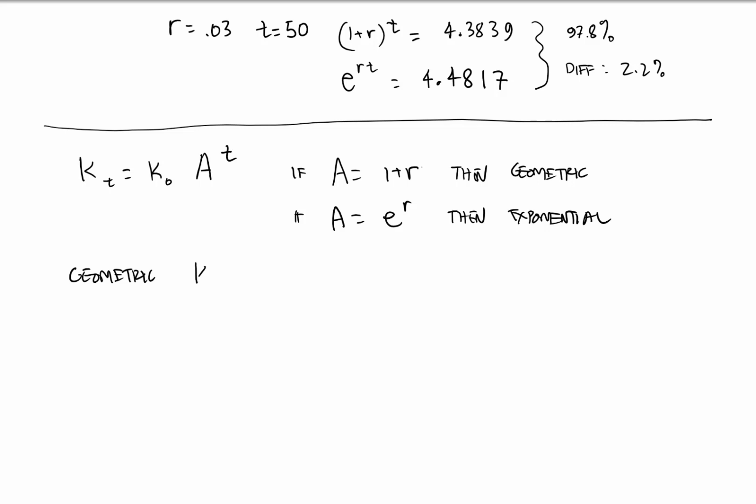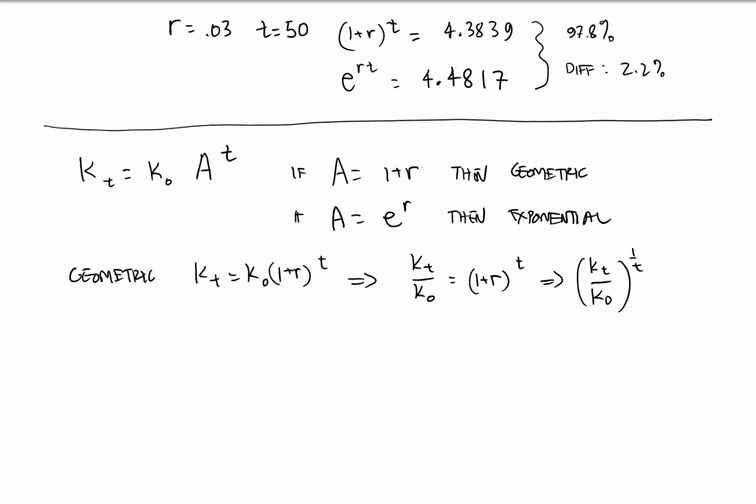And I think last time I showed that for the geometric model, we had k_t equals k_0 times (1 plus r) to the t. So k_t divided by k_0 equals (1 plus r) to the t. So the t-th root of this ratio, 1 over t power, should equal 1 plus r.